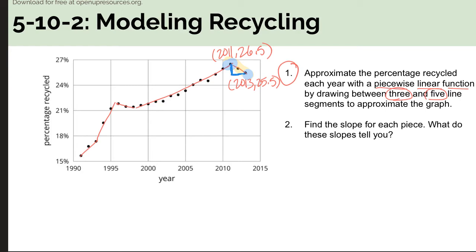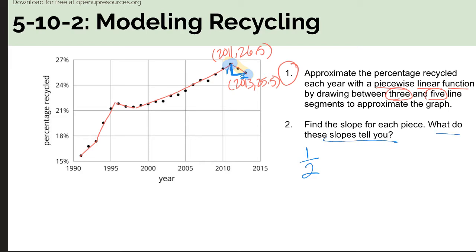So there we go. And our x values, or our run, went from 2011 to 2013. So that would be a run of 2. And our rise went from 25.5 to 26.5, so that's a rise of 1. Rise over run tells us that the slope is going to be 1 over 2, or 1/2.